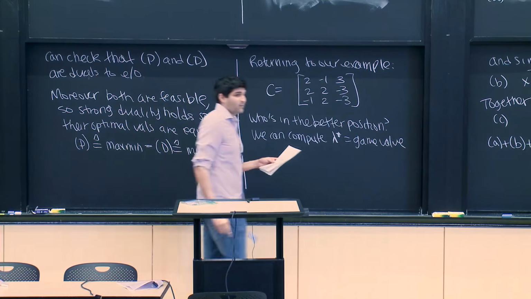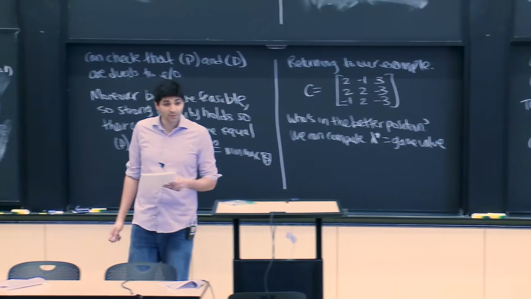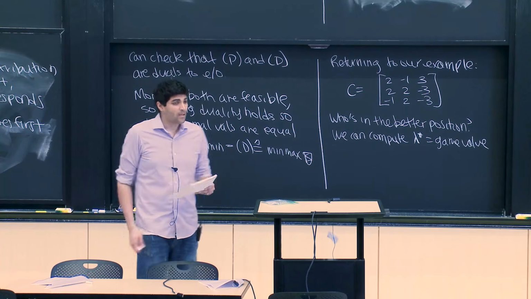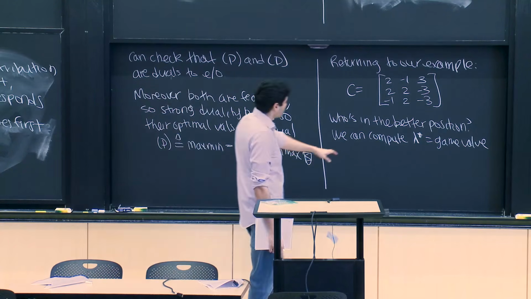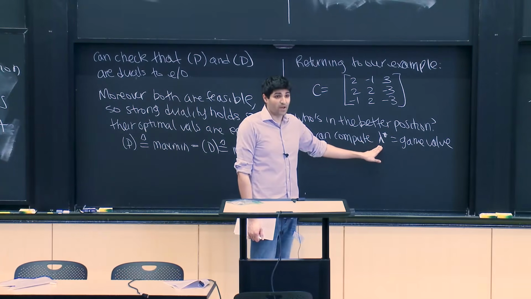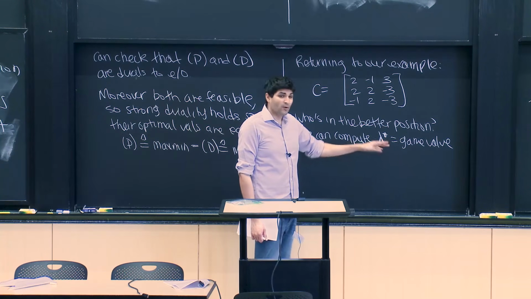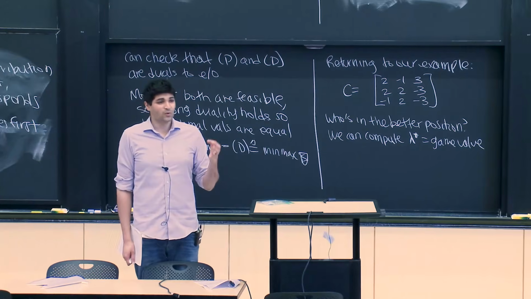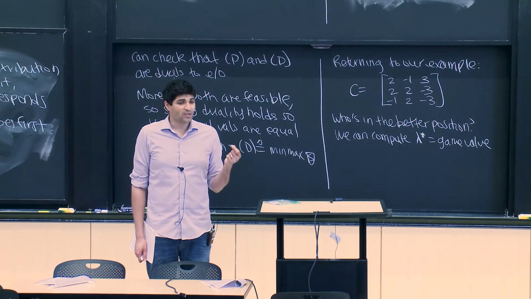Remember, the game value captures, if both players played optimally, who would win how much in expectation. So one way I can answer this question of who's in the better position is to compute the game value, lambda star. Now in simple examples like matching pennies, computing the game value is easy because it's 0.